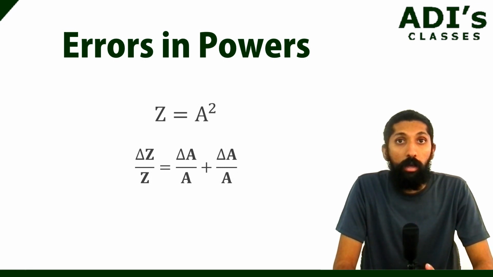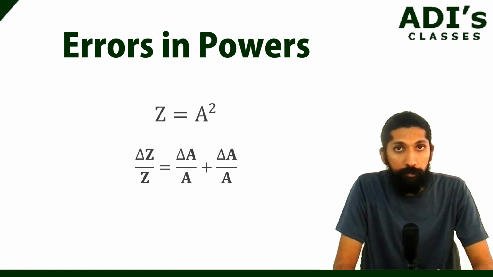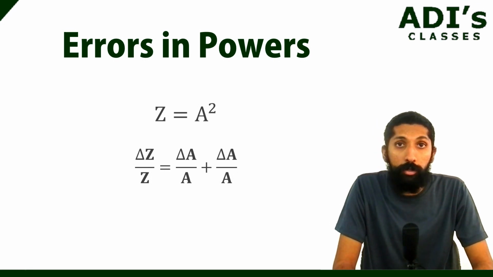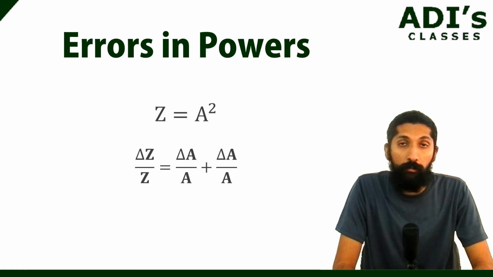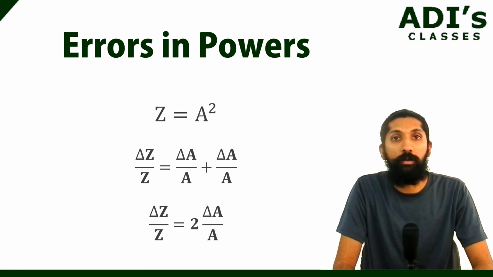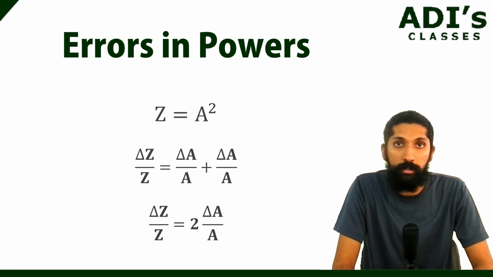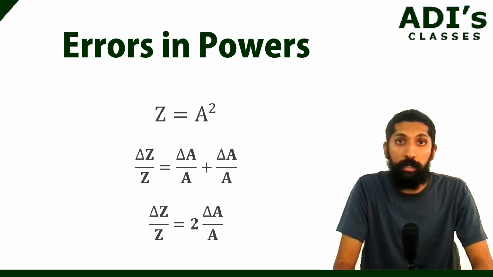Now if I do the same thing with n number of powers, like the example here, then what do you do? You add all the relative errors. Whether you are multiplying or dividing, what you are going to do here is add the errors. See the power, with what power are you raising it?